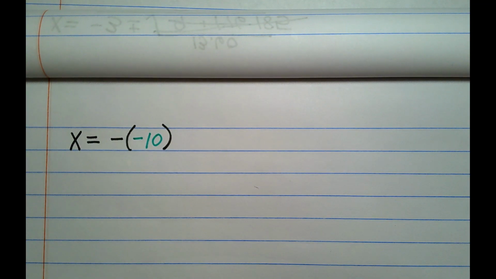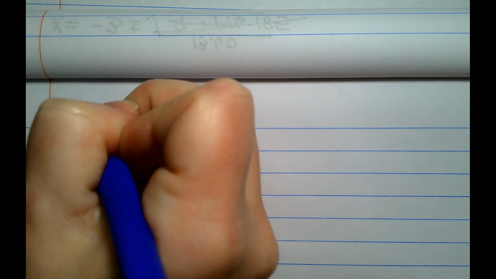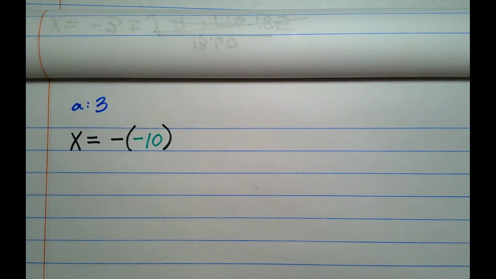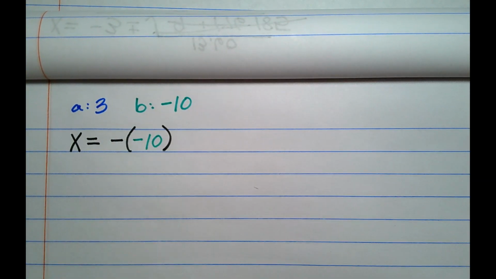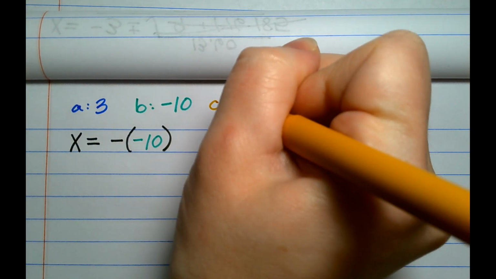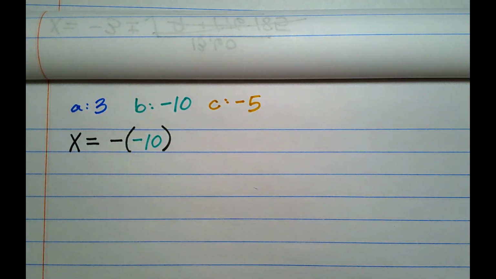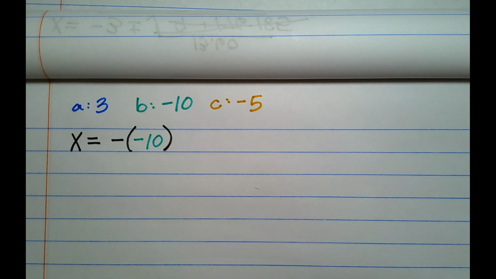I'm going to rewrite a, b, and c up here. My a was 3, my b was negative 10, and my c was negative 5. So it starts with x equals negative b.